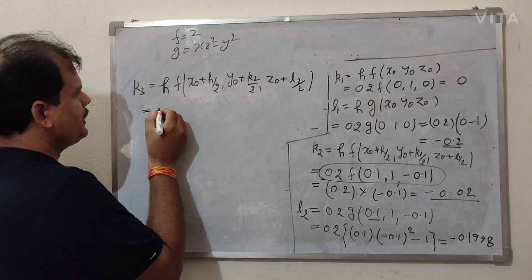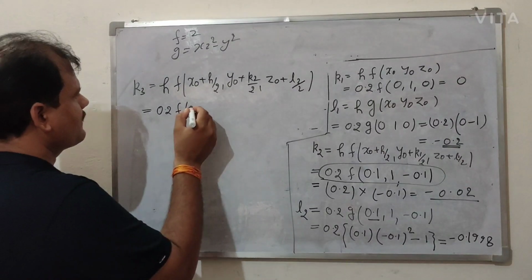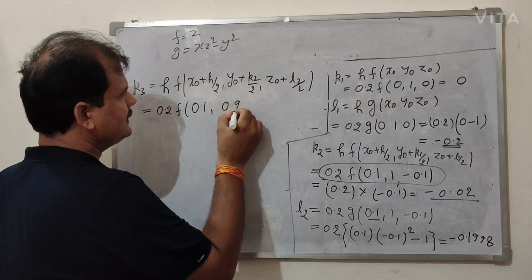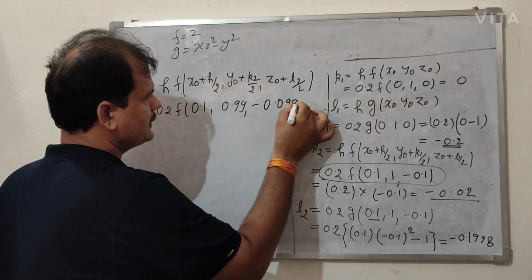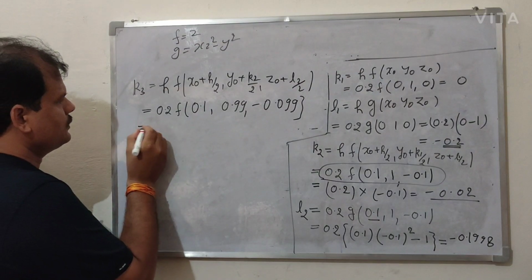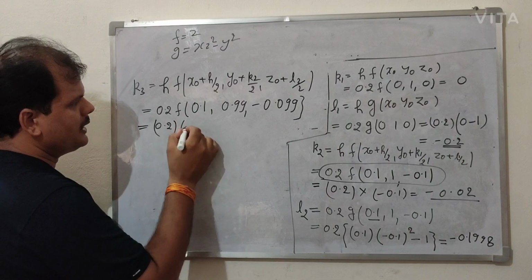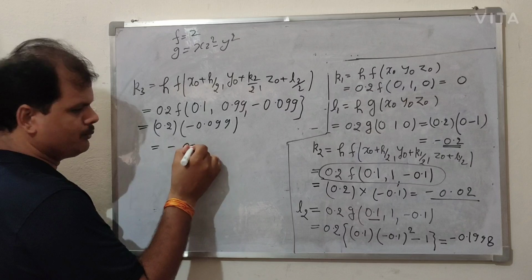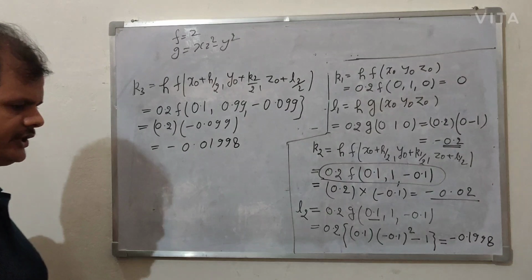If you simplify, we get 0.2 and f of 0.1, comma 0.99, and minus 0.099. If you calculate, this equal to 0.2 and f equal to z only, so 0.2 times minus 0.099, so this equal to minus 0.01998. So this is your K3.